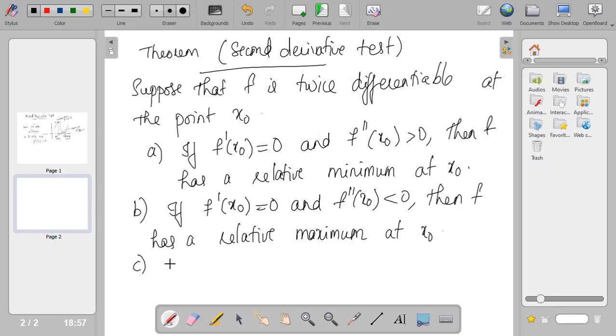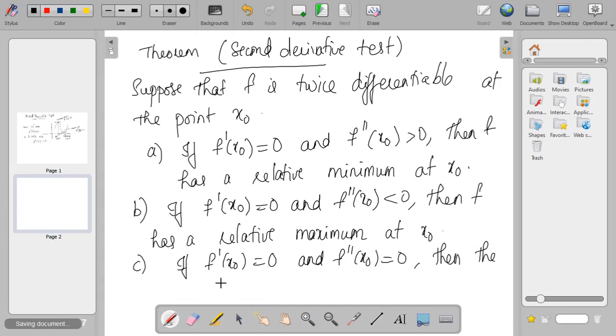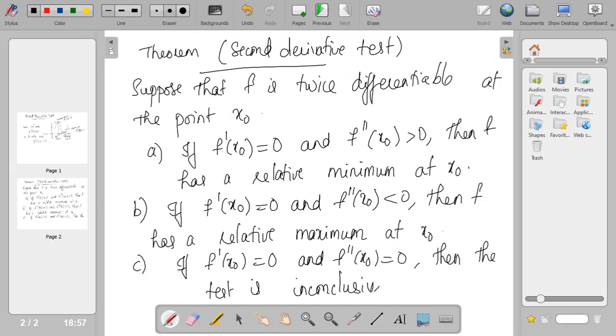And the third part is, so this is when f double dash of x is greater than 0 and less than 0. So if f dash of x naught is equal to 0 and f double dash of x naught is equal to 0, then the second derivative test is inconclusive. So then the test is inconclusive.